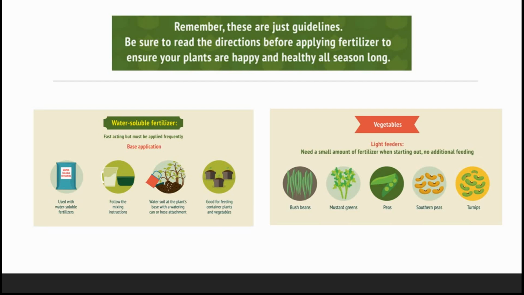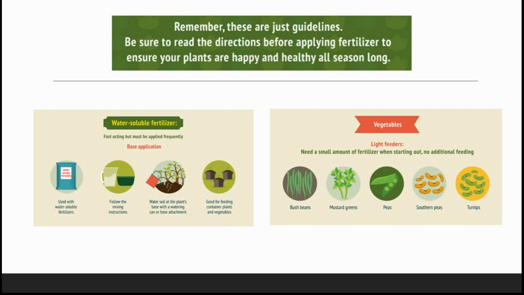Why do we actually use water soluble fertilizers? We use them because they are fast acting but must be applied frequently at regular intervals. Base application is used with water soluble fertilizers. Follow the mixing instruction. Water the soil at the plant's base with a watering can or hose attachment or a drip system.